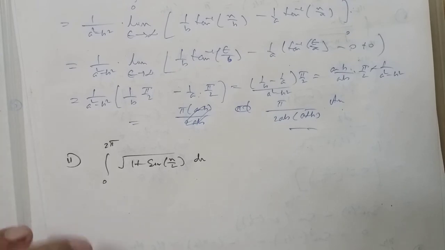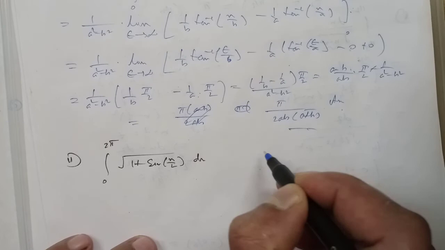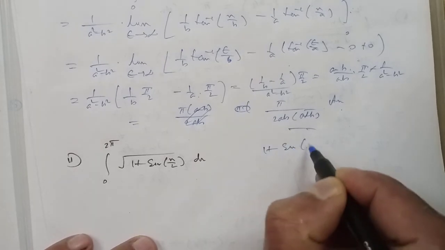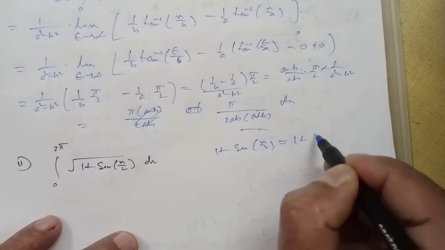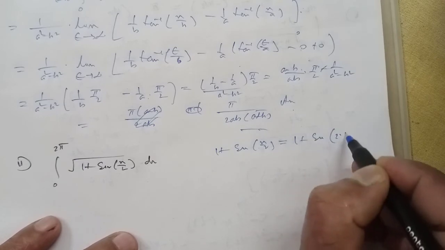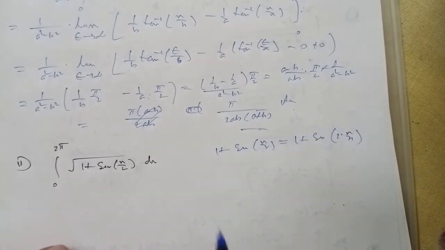We can write 1 plus sine of x by 2 as 1 plus sine of 2 into x by 4, and we know 1 plus sine 2 theta is cos theta plus sine theta whole square.